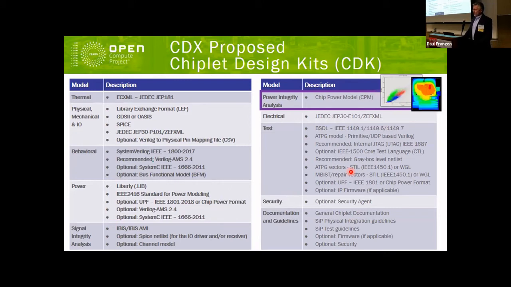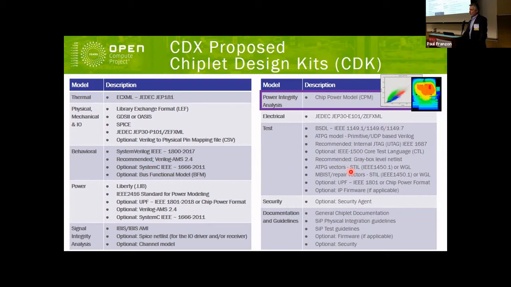Next topic is power integrity, and this is used to perform a SPICE level power integrity analysis at the package and board level. The chiplet CPM model models the static and transient power profile of a chip or a chiplet. It includes the RLC parasitics of that device, and the power is delivered through the power and ground pins of the chiplets.